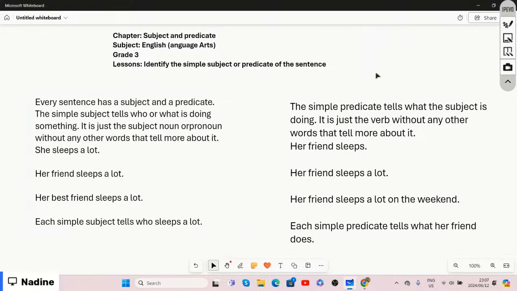All right. So when it comes to a sentence, every sentence has a subject, and every sentence has a predicate.